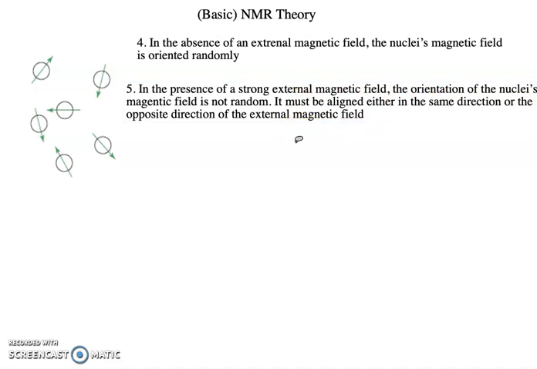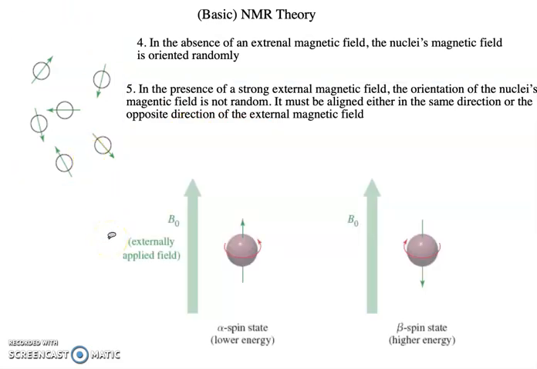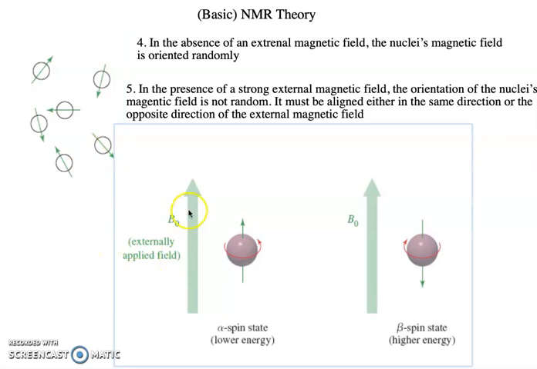When we say external magnet, that's the NMR. The NMR contains a very powerful magnet, and the nuclei in our sample must align their spins either in the same direction or the opposite direction of the magnet of the NMR. So here's sort of a diagram of that. This B0, B represents the magnetic field of the NMR, and it's going in this upward direction.